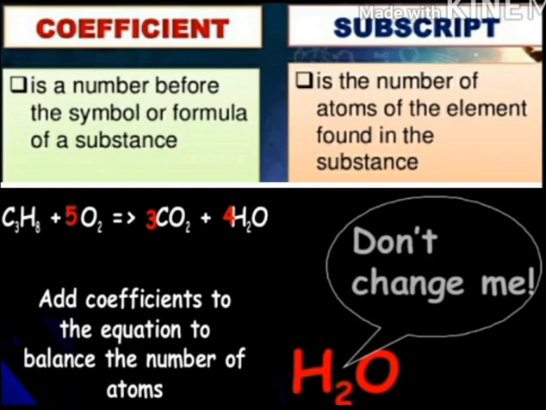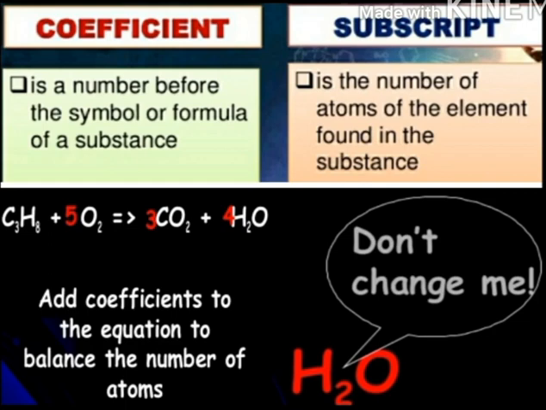Here you can see two new terms, that is coefficient and subscript. Coefficient is the number before the symbol or the formula of the substance, and subscript is the number of atoms of the element found in the substance.